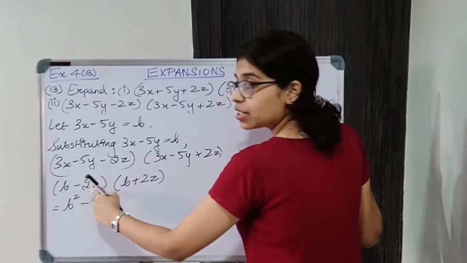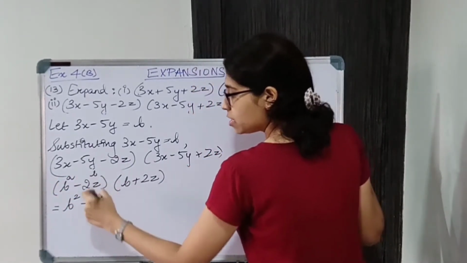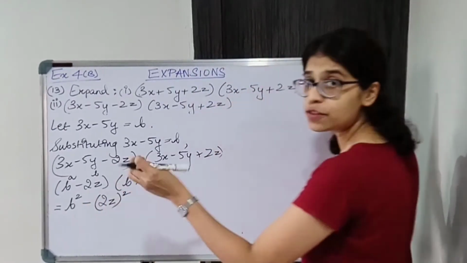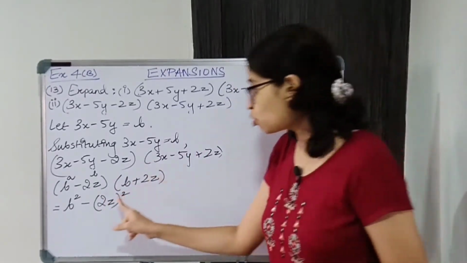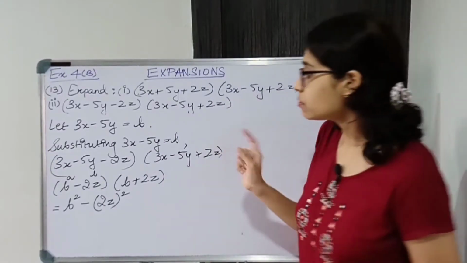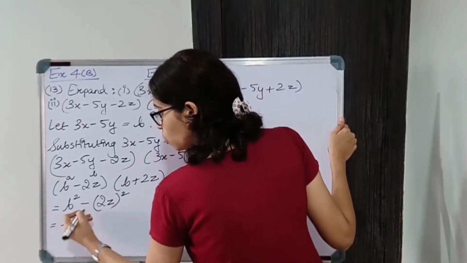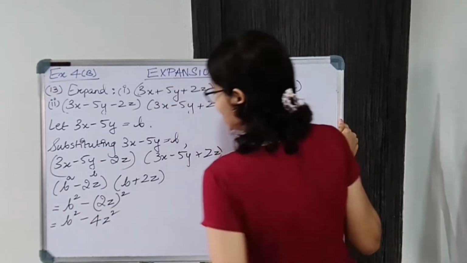So b over here is 2z. This is a, this is b. So b is 2z over here. Put bracket square because there is coefficient associated with this variable. Not just the variable, you have to square the coefficient also. So a square minus b square. So b square minus 2 square 4, z square z square.